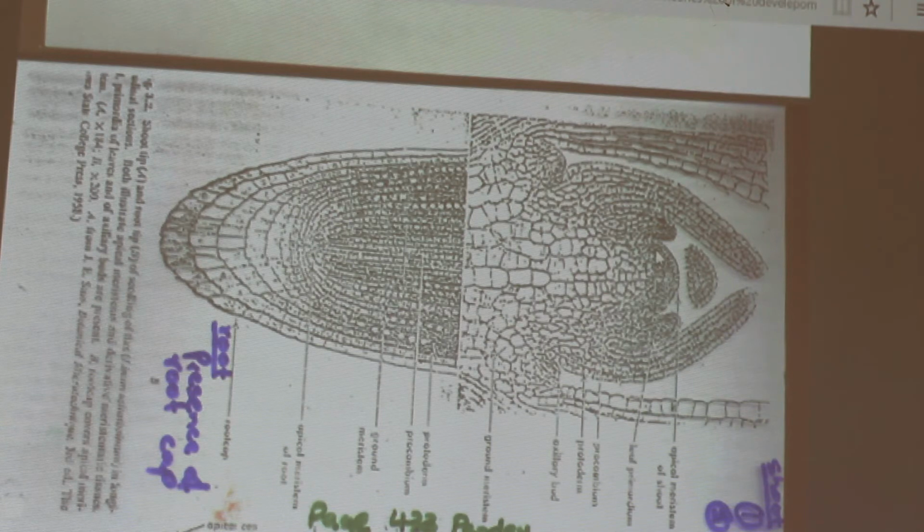We realize that the cells in the meristems are actively growing. You can see that they're very dense together, and as we get away from the meristems, individuals become clearer. And as we get away from the meristem, we realize which cells are in the periphery, which cells are in the center, and which cells are in the middle.